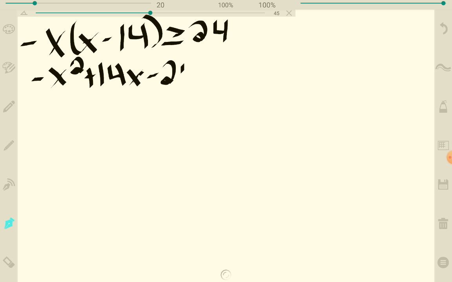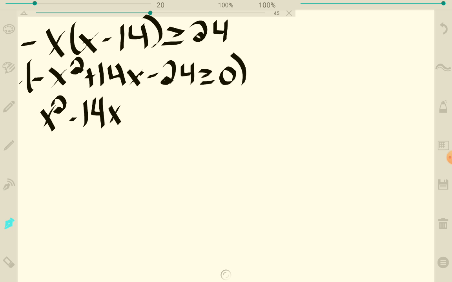So that would be minus 24 is greater than 0. We need to get rid of the negatives, so we'd multiply the whole side by negative. That would be x squared minus 14x plus 24 is greater than or less than 0, which is basically the same as negative 0.